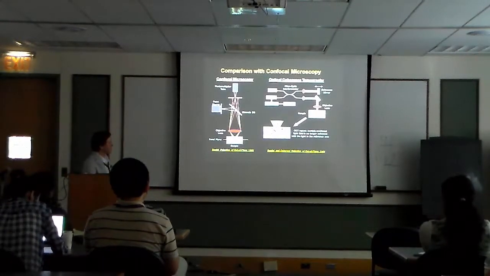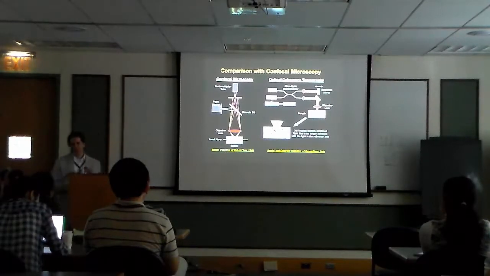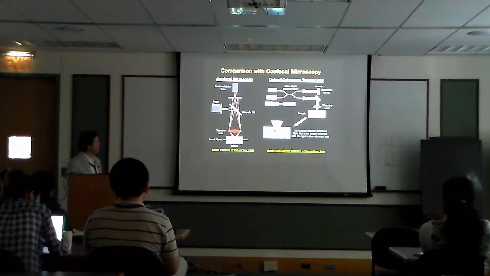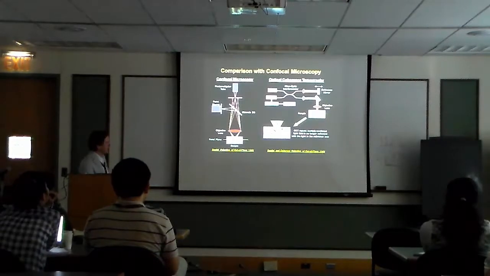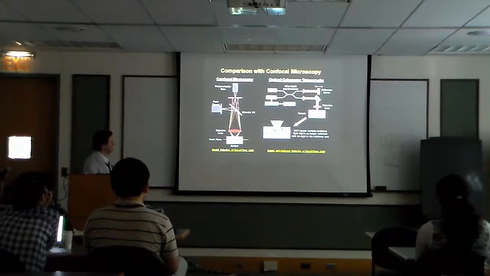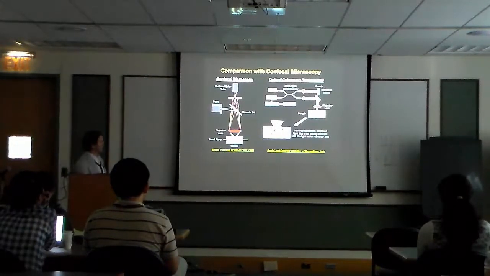OCT, on the other hand, also does this spatial rejection. We often use single mode optical fibers that have a very small 9-micron core or so that act as a pinhole. But in addition, any light that may get bounced around in the tissue and happens to get collected back into that optical fiber, those are multiply scattered photons, will get rejected just because they're no longer coherent with the light in, say, the reference arm of an OCT system.